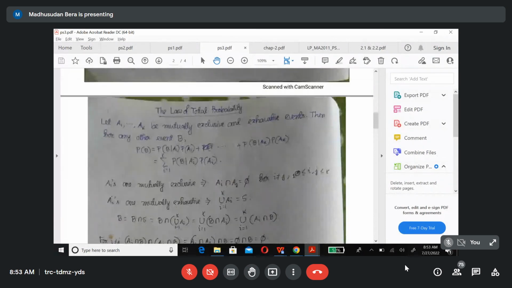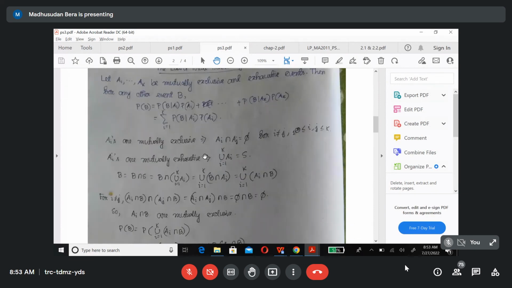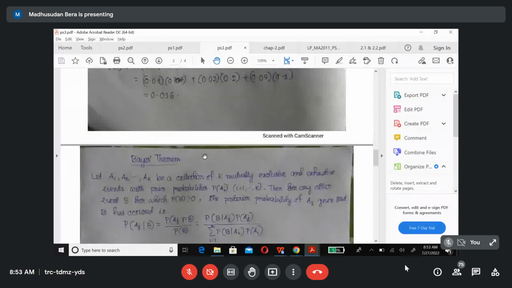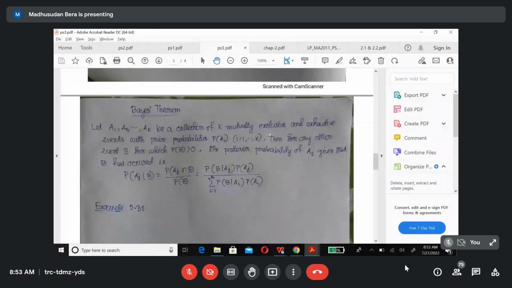Same assumption: A1, A2 up to AK are mutually exclusive and exhaustive sets of events. Here, with the total law of probability, we are finding the probability of any event B, and P of B is given by this formula. For Bayes theorem, A1, A2, up to AK are a collection of K mutually exclusive and exhaustive events, and we know the prior probability P of AI.